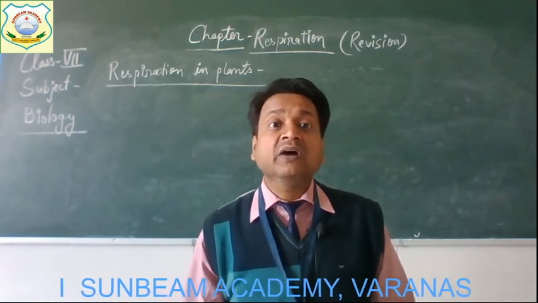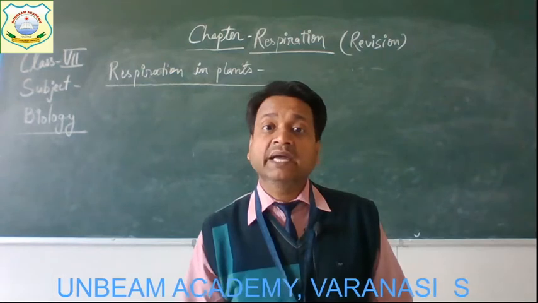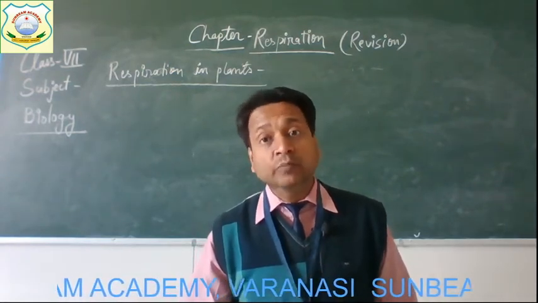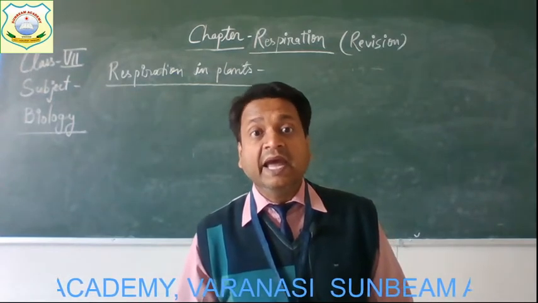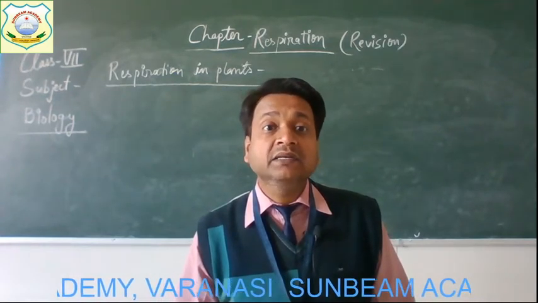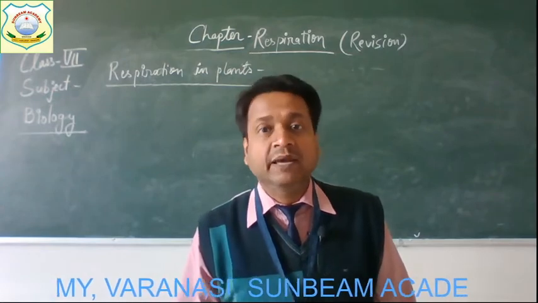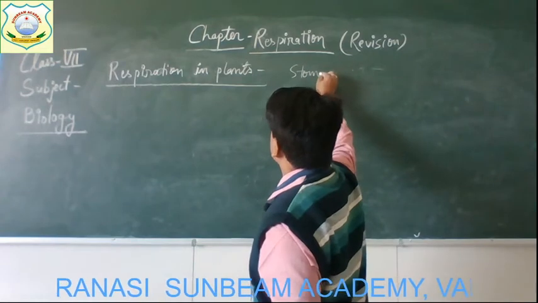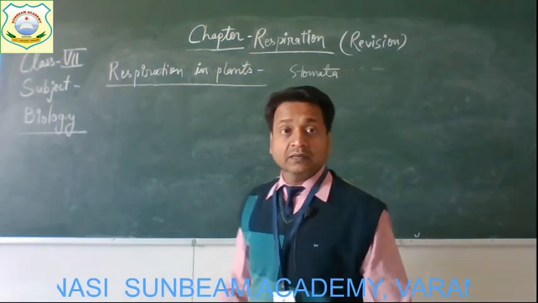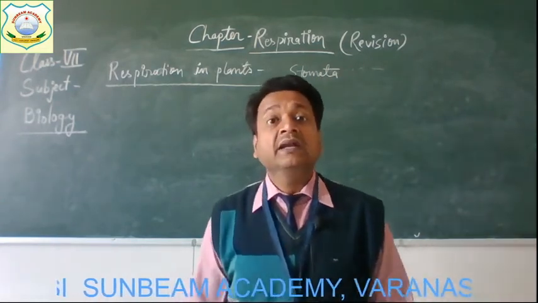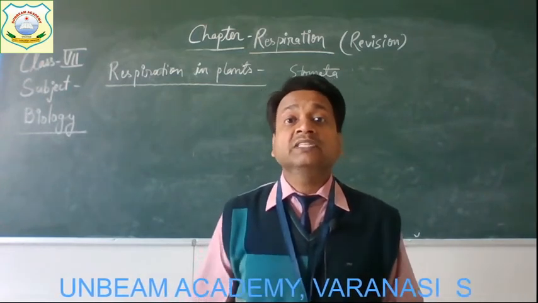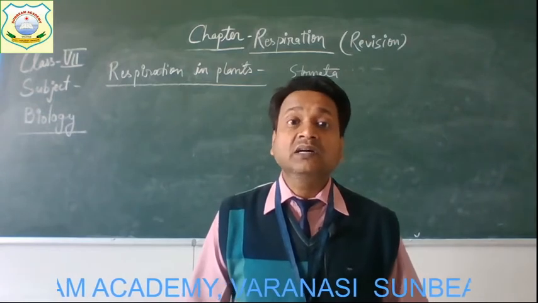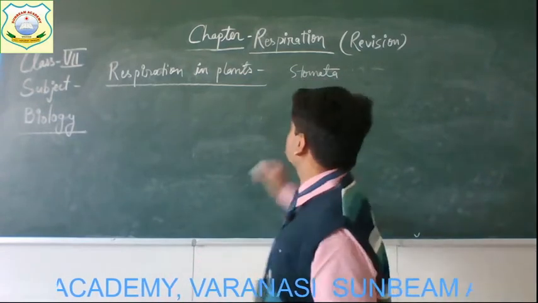So the exchange of oxygen and carbon dioxide takes place through small pores which are called stomata. These stomata are present in the leaves and stems. The stomata, along with their nearby guard cells and other cells, are called the stomatal apparatus.